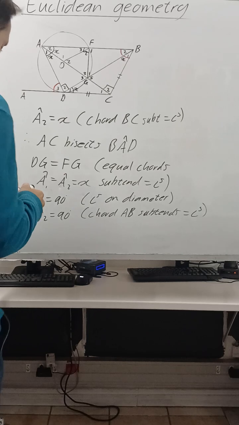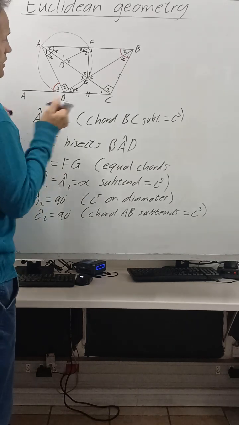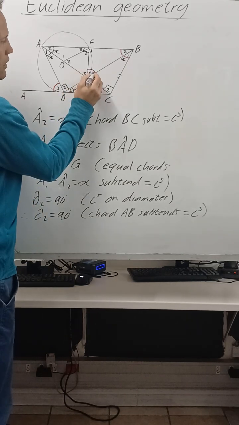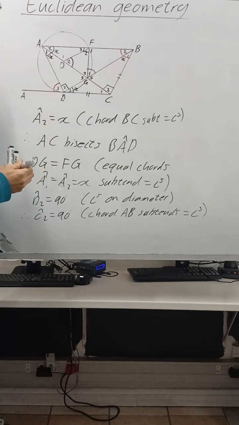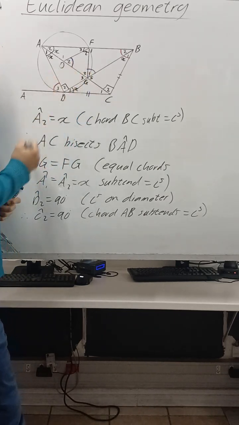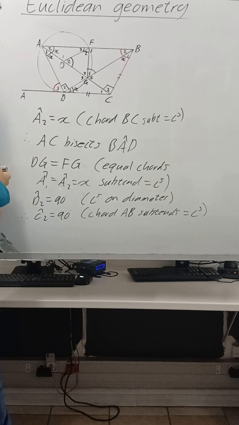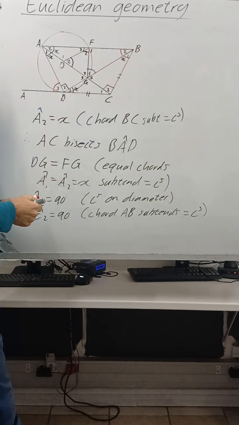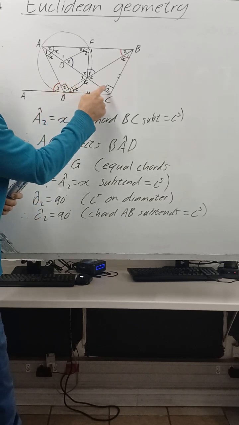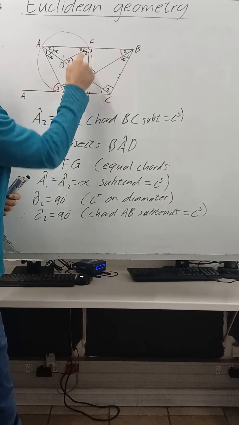Alright, so the next question is to show that G1 is equal to O2. That's what we're going to try to show. This is what we know so far. Okay, and we know that ADCB is a cyclic quadrilateral, which might help. And we got the 90 degrees there, the 90 degrees there, we got 90 there.